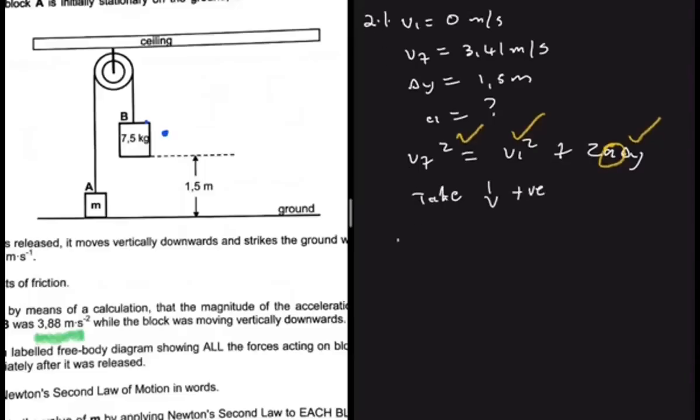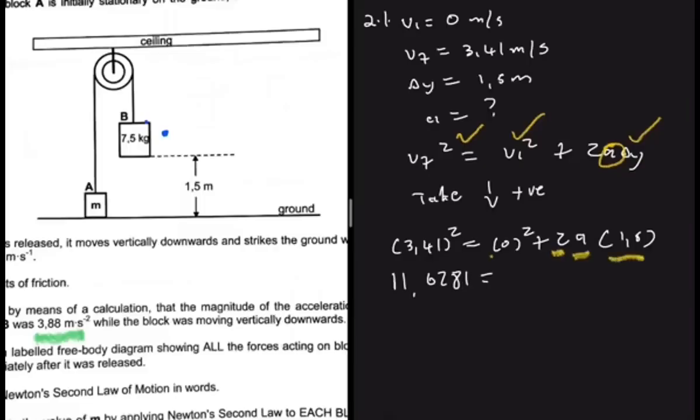If we do that, then our VF is 3.41 squared, which is equal to our VI, which is 0, we square that, plus 2A. And if we take the direction towards the ground as positive, then our delta Y will be positive 1.5. We're gonna have 11.6281 being equal to 0 squared, which is just 0, and then here we have 2 multiplied by A multiplied by 1.5.